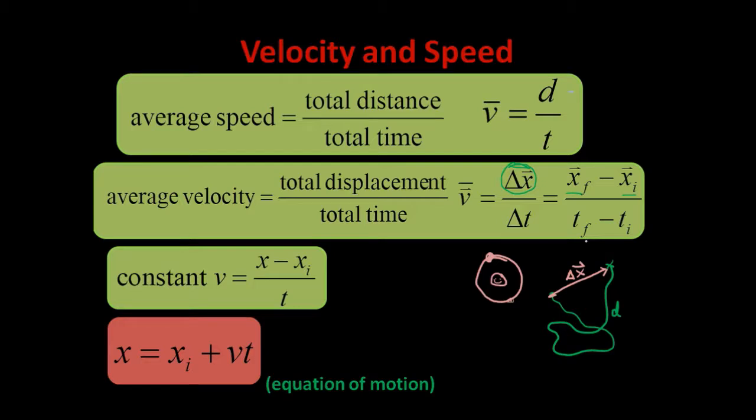Anytime you have an equation that tells you the position at a given amount of time, that's an equation of motion. And this is the simplest equation of motion, one where you are moving at a constant velocity. It tells you how to get to the new position if you know the original position and the velocity, and then you have a formula so you can plug in any time that you want. Got it? We're going to use these ideas to work a problem.